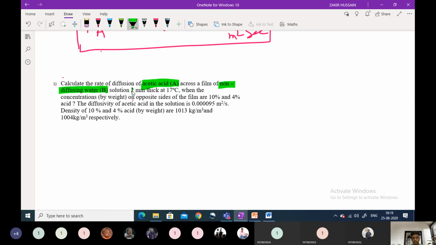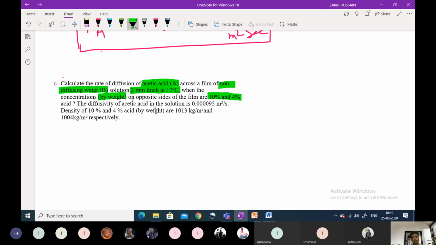The solution has a thickness of 2 mm at a temperature of 17 degrees centigrade, when the concentrations, given in terms of weight, on opposite sides of the film are 10% on one side and 4% acetic acid on the other.